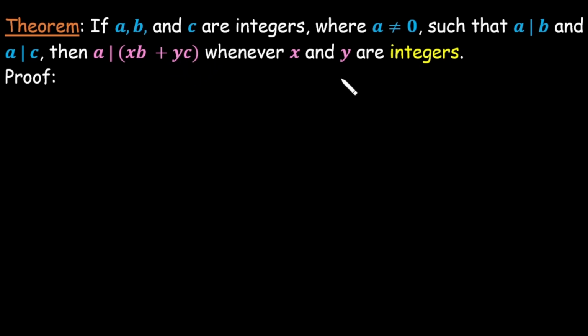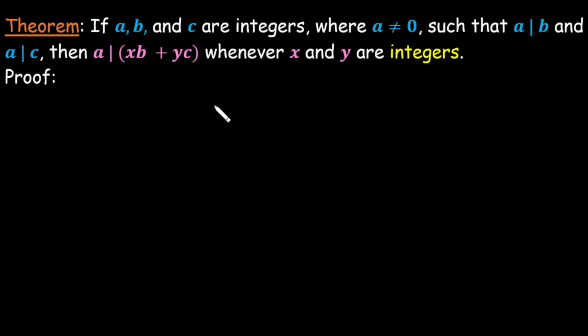For example, 5 divides 20 and 5 divides 35. So does 5 divide 2 times 20 plus 3 times 35? Yes. How? Because this is equal to 145, and 5 divides 145.